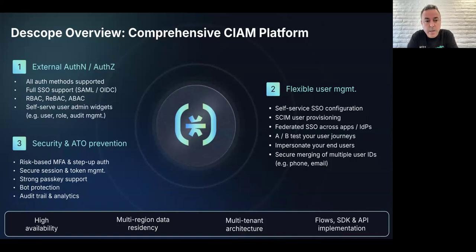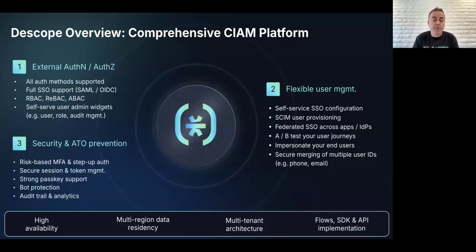We have full user management, and the platform itself is built around very secure concepts, and basically provides you with the out-of-the-box capability to secure any authentication journeys that you would like to build, including bot protection. We have some strong authentication methods like Passkeys and complete enterprise-grade audit mechanisms and permissions to the application itself.